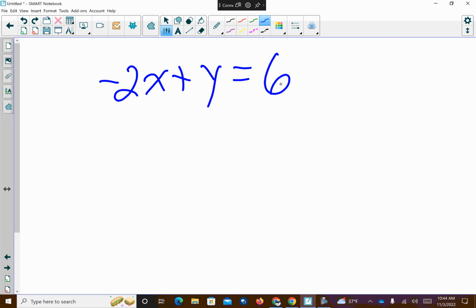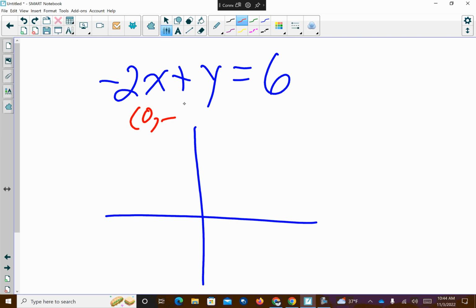I think so. 6 and then -6. I think so. So if I'm saying I think so, I think you might be right, but let's just double check. So this is one that we're going to go 0, comma, blank, blank, comma, 0. So cover up the X, so I get 6 here.